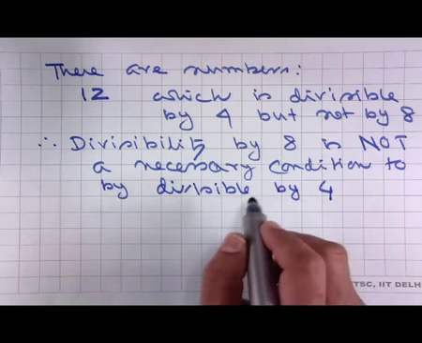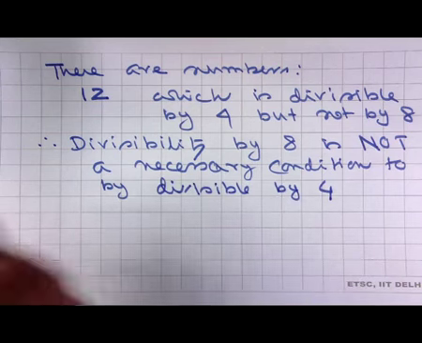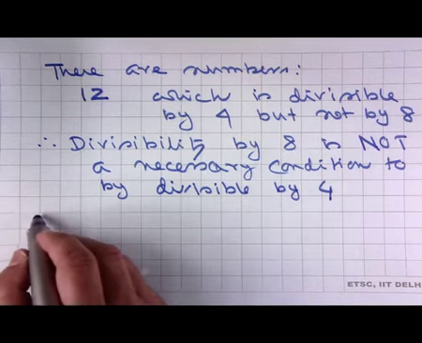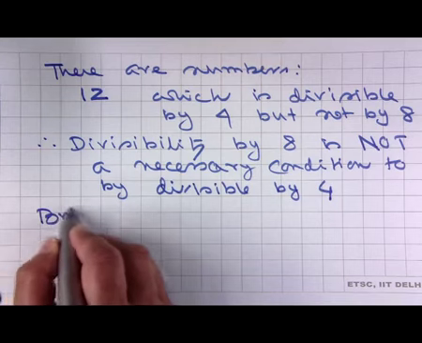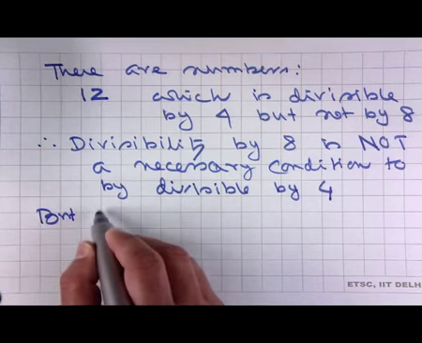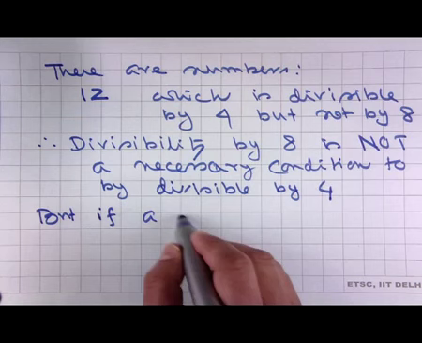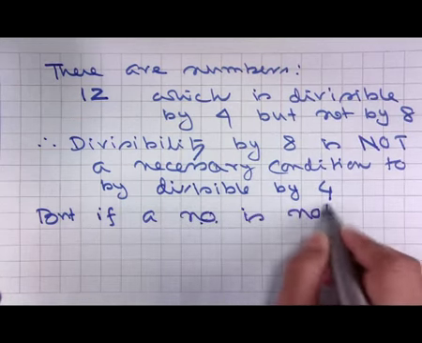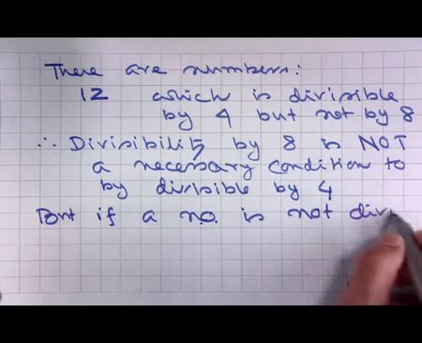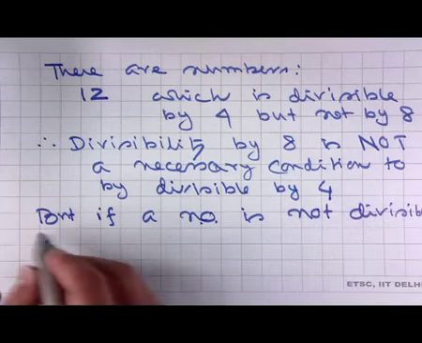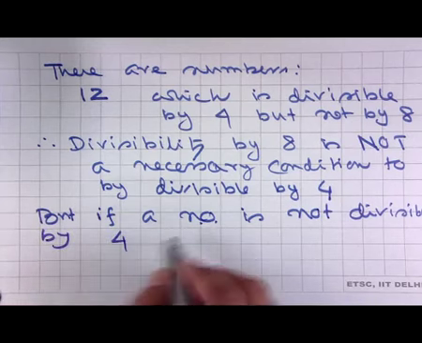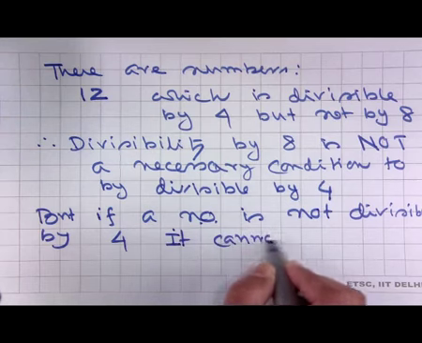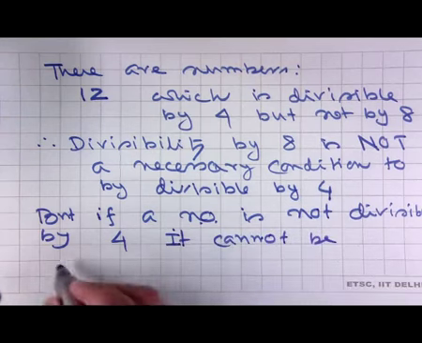There are numbers which are not divisible by 8, but divisible by 4. But if a number is not divisible by 4, it cannot be divisible by 8.